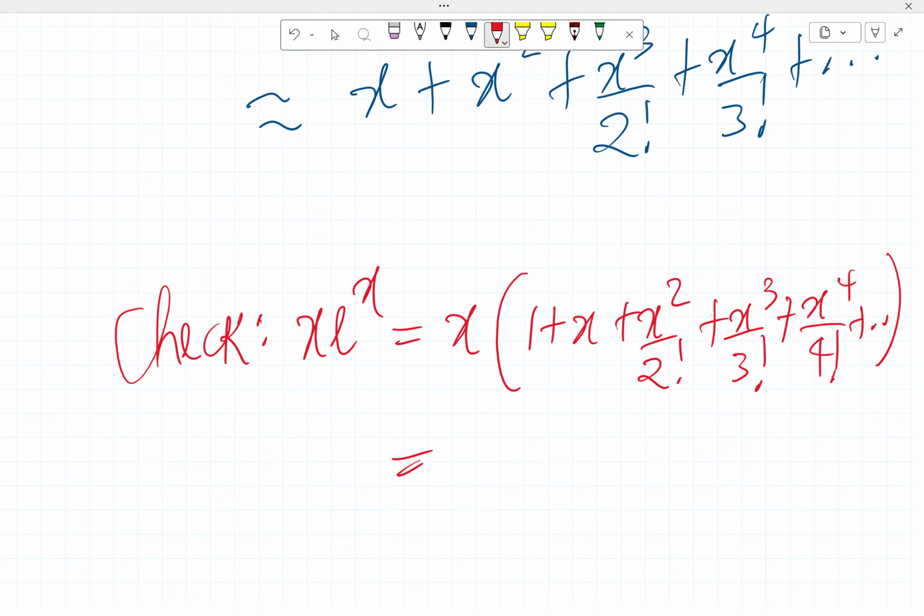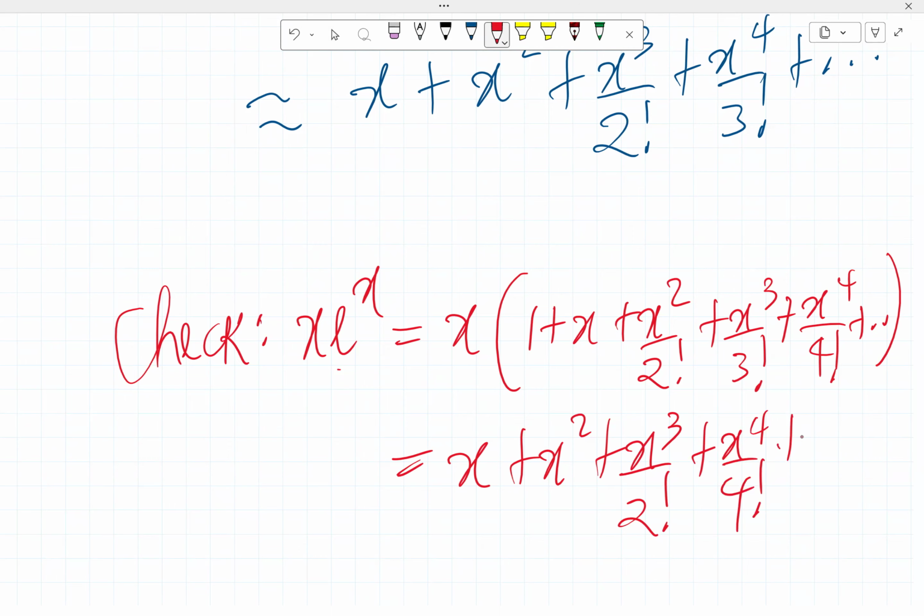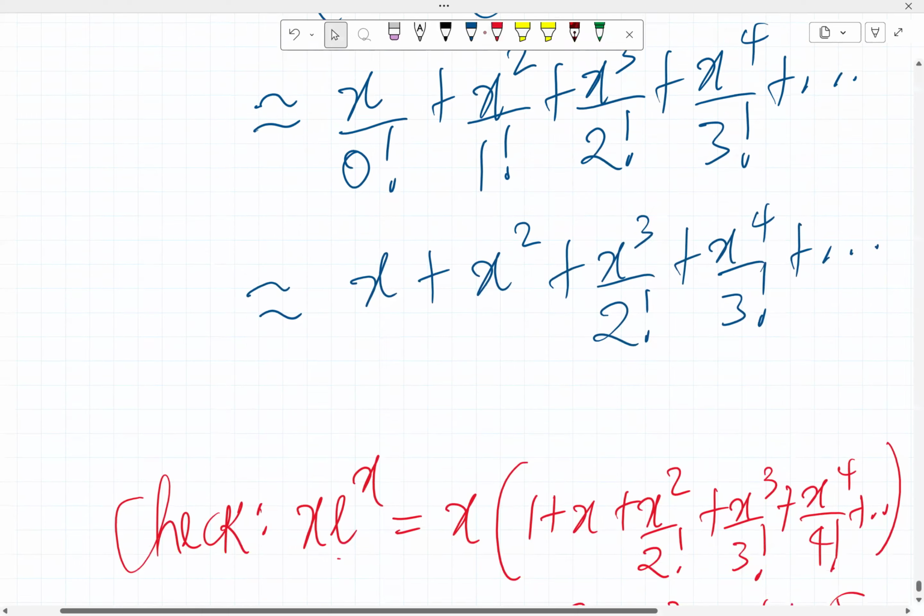So if we expand, we just have x plus x squared plus x cubed over 2 factorial plus x to the 4 over 3 factorial, x to the 5 over 4 factorial. So that actually confirms the reality.